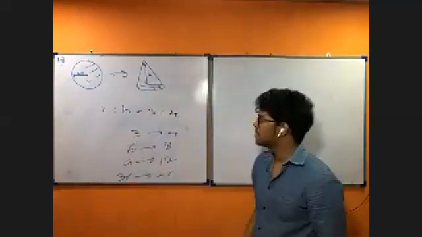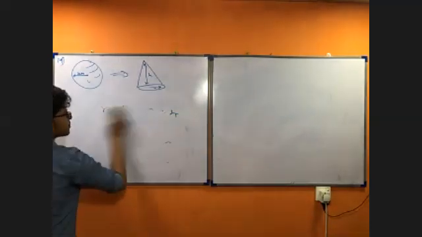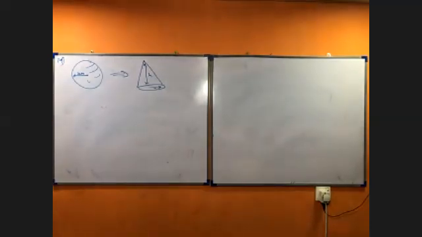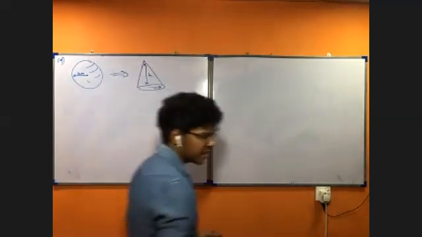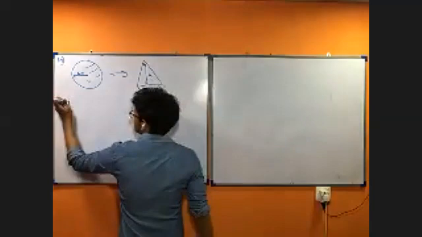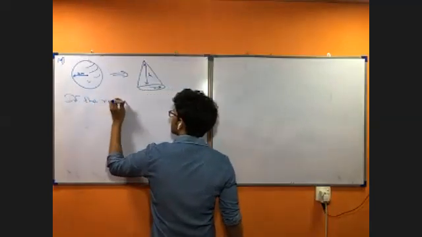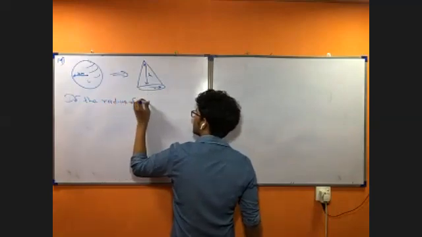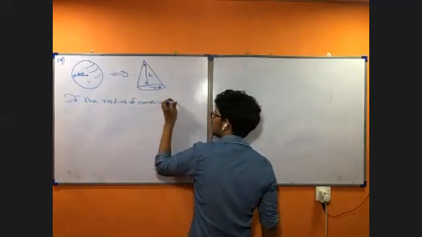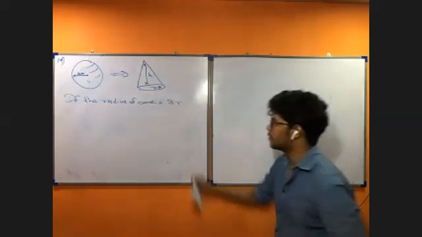So this is very important, the ratios. So let me take the radius of cone equal to 3r, you can take r also, no problem. If you take r, it is okay, but I'm taking 3r.